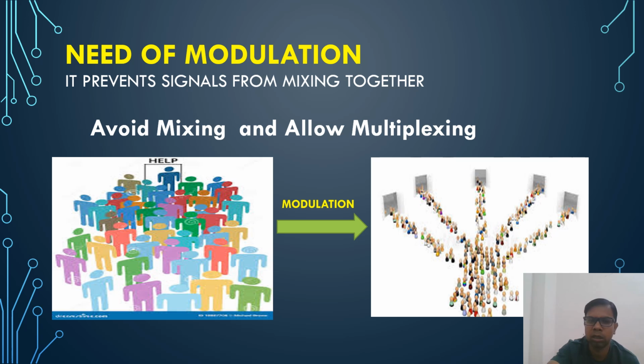Suppose one carrier is 1 gigahertz, the second one is 1.5 gigahertz, and the third one is 10 megahertz, and lots of carrier frequencies are transmitted and carry different message signals. Due to the different carrier signals, they are not mixed together, and it also allows multiplexing. That means at the same time we can send a number of carrier signals carrying messages.